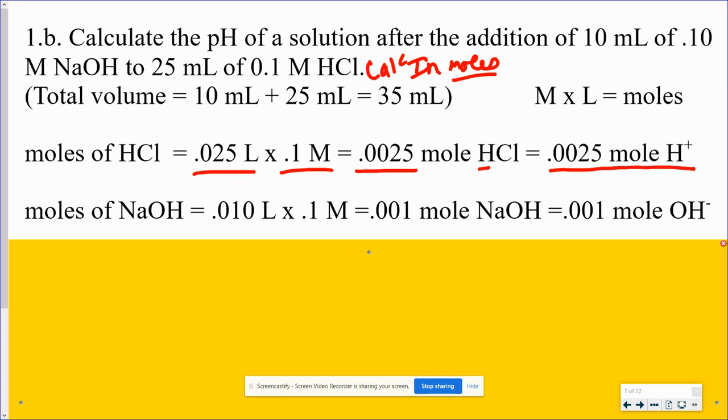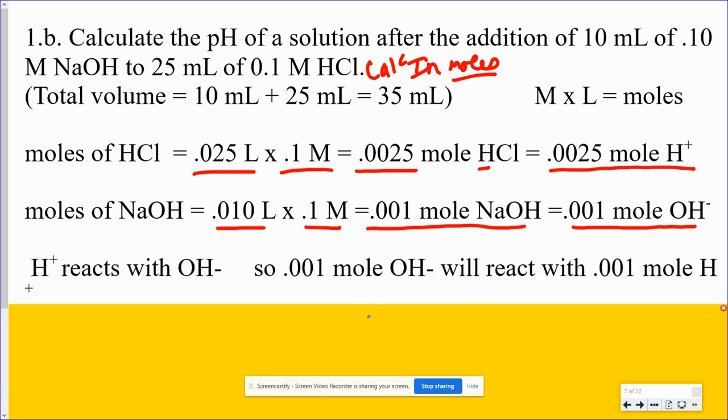We're adding 10 milliliters of 0.1 molar NaOH. So 0.01 liters, changing our milliliters into liters, times 0.1 tells us that we've added 0.001 moles of NaOH, which is the same thing as adding 0.001 moles of OH minus, because it's a 1-to-1 ratio.